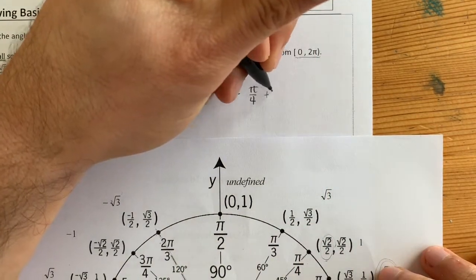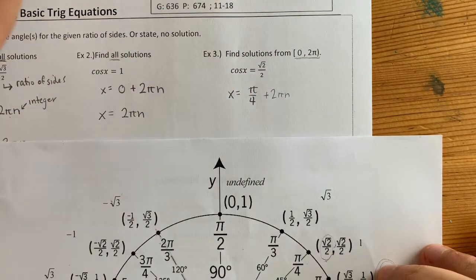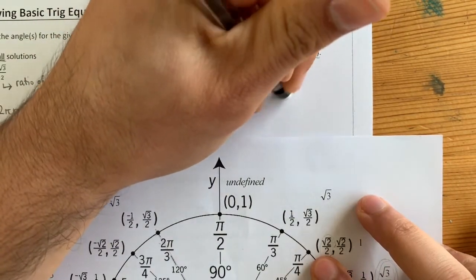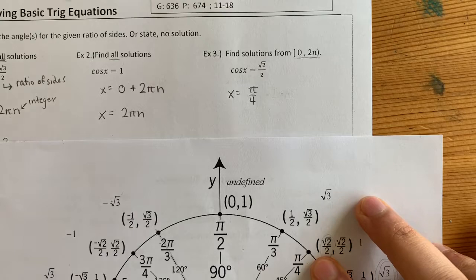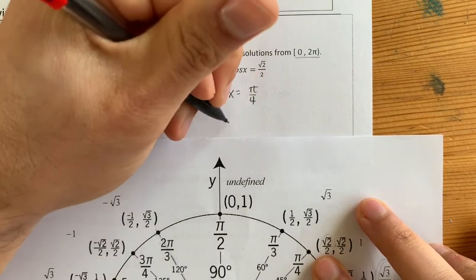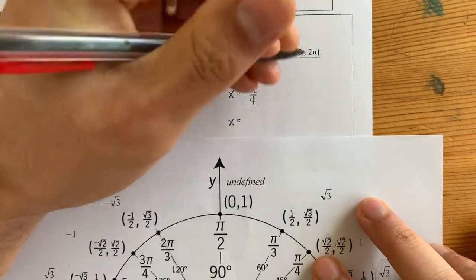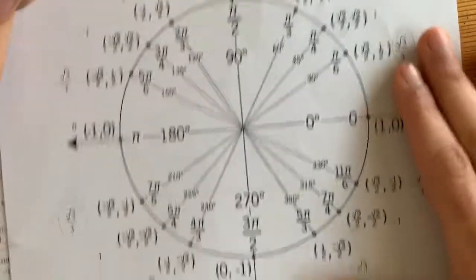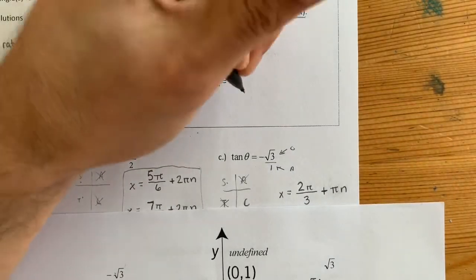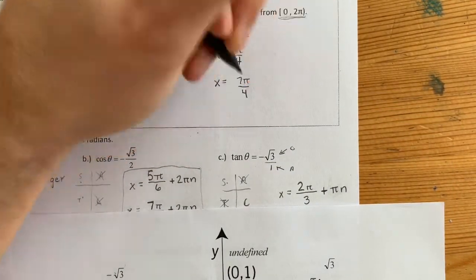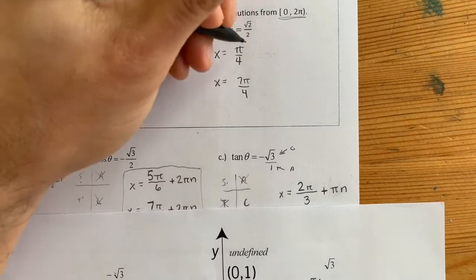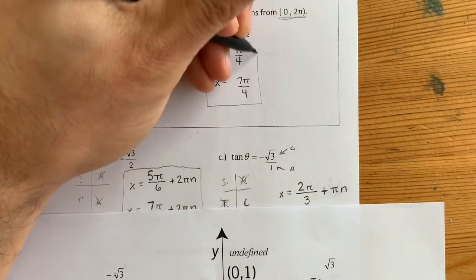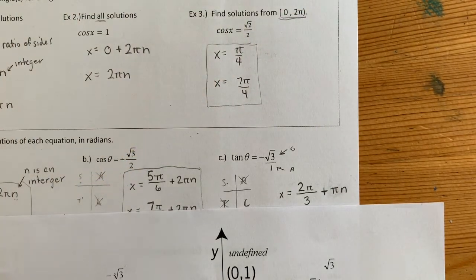So I don't want to put plus 2 pi n, not for this problem. I don't want all infinite solutions. So only the solutions that are shown on the unit circle when it gives us this interval. And then the other one from down here was 7 pi over 4. So that's the answer then. No plus 2 pi n, unless it said to find all solutions.